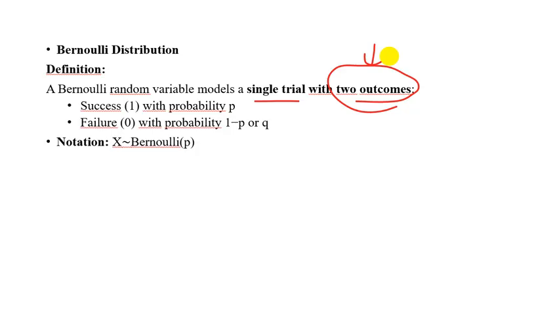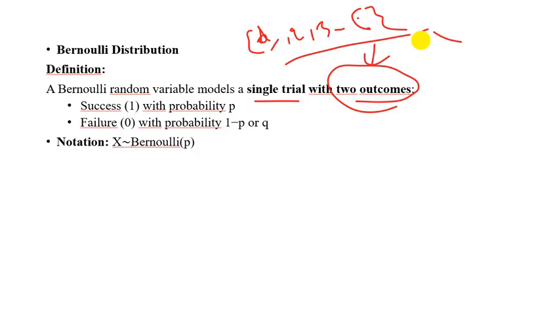For example, tossing a dice, we get values from 1 to 6. So this is not a Bernoulli experiment, but if my random variable is getting an odd number, here it becomes Bernoulli, because either I get an odd number or I get an even number. I have only two outcomes.